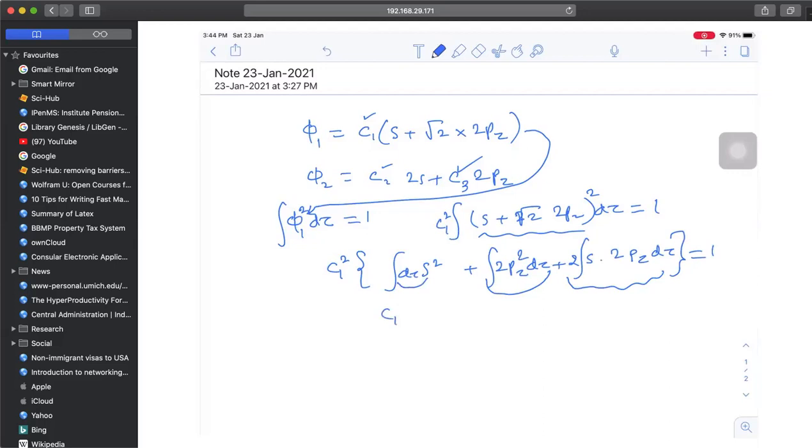Oh, I made a mistake, there must be a root 2 here. So C1 squared times (1 plus 2) must be equal to 1, which means C1 must be equal to 1 by root 3. Correct? Yes, sir.